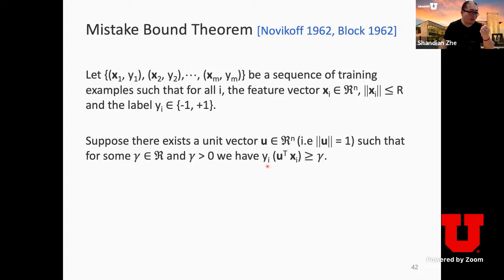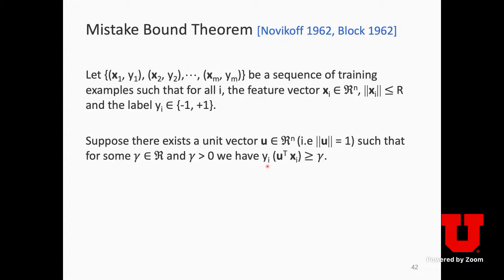Anyone? We actually discussed it in the last minute of our lecture Tuesday, right? Just to refresh our memory. Isn't the inner product of U and X just the dot product?